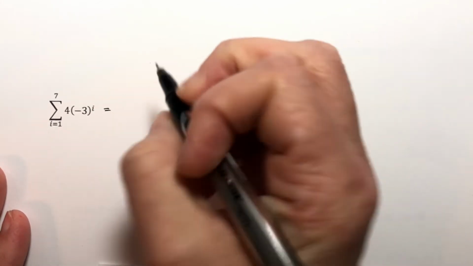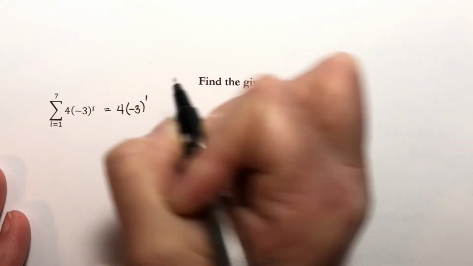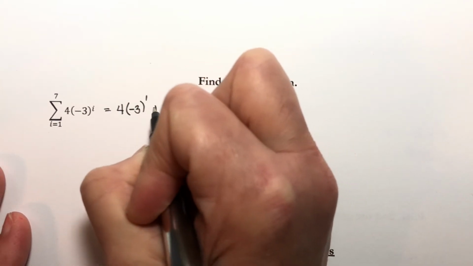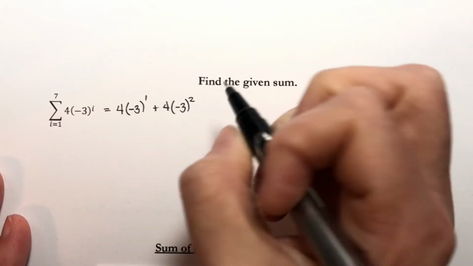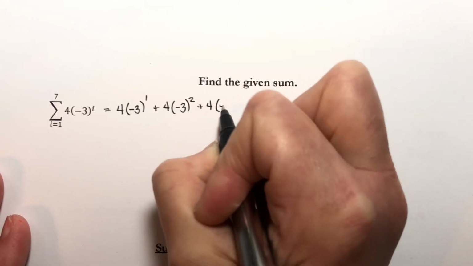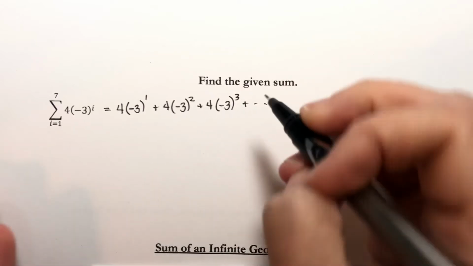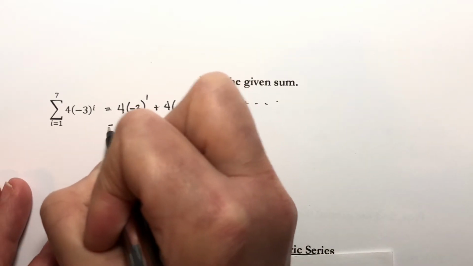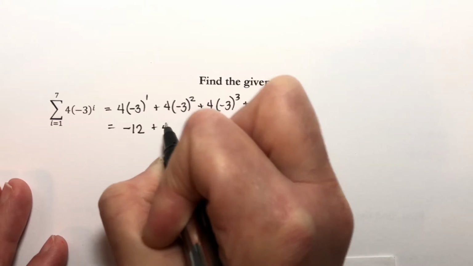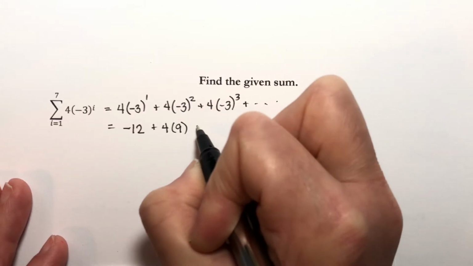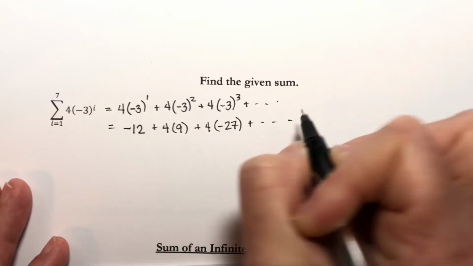Well, this is 4 times negative 3 to the first power plus 4 times negative 3 to the second power plus 4 times negative 3 to the third power. And then I'm going to keep going. I don't want to list them all out yet. I'm just going to look for a pattern. Well, this would be negative 12 plus 4 times 9 plus 4 times negative 27 plus so on.